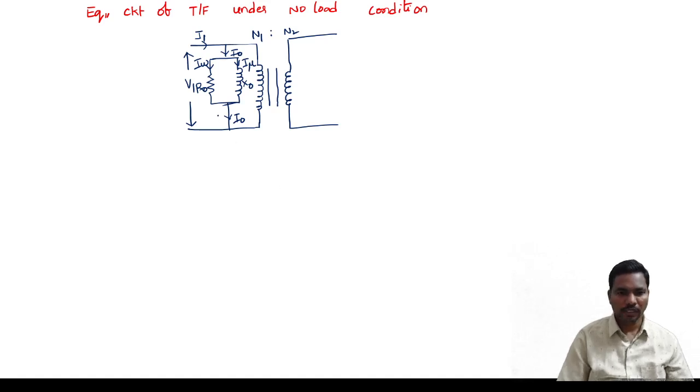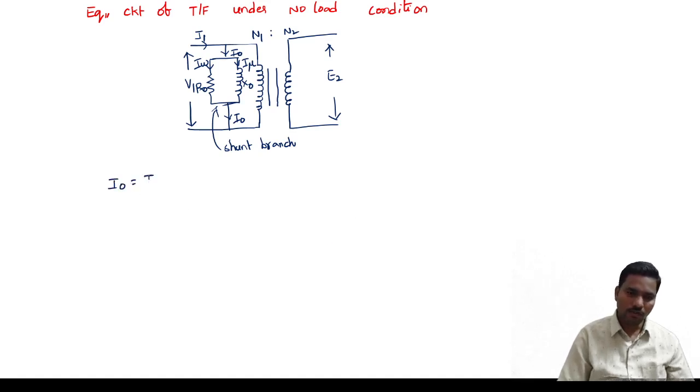Okay, so you can also call these shunt branch parameters. Here we have the no load voltage E2. This is the equivalent circuit representation. So here I naught is equal to the vector sum of IW plus I mu.